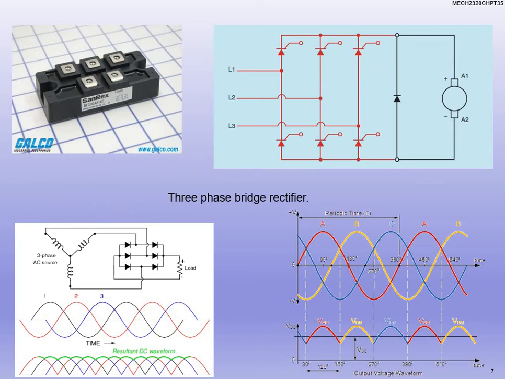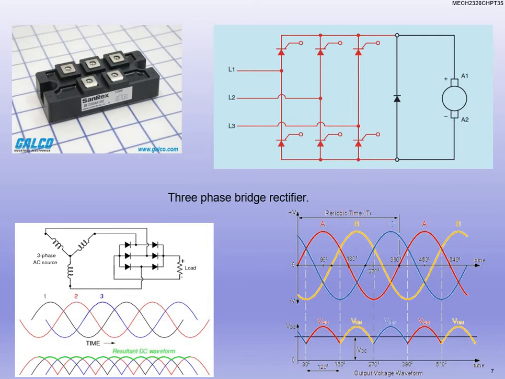So remember the phase, I'm stepping back a slide here. Remember when we talked about leading and lagging currents and voltages in the electrical class? You can see that C is actually leading A and A is leading B when we're looking at the wave diagram here.